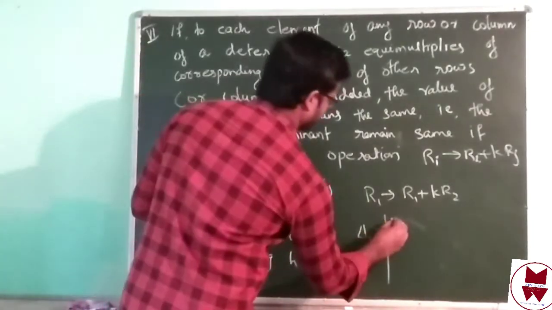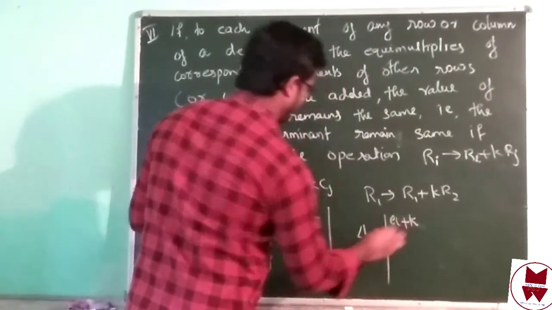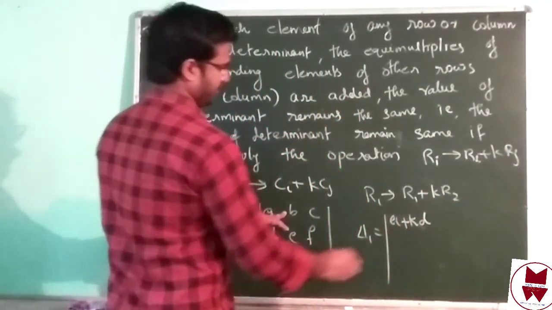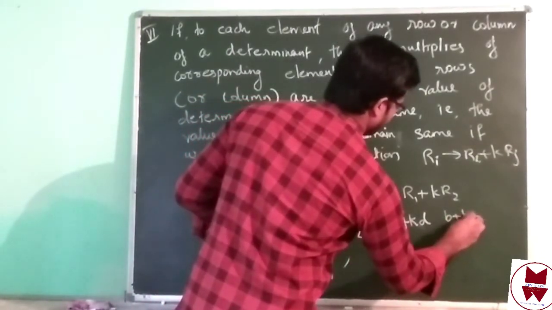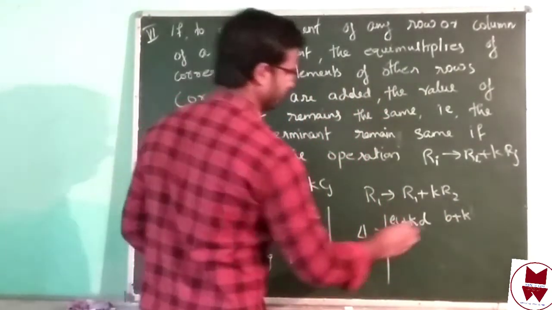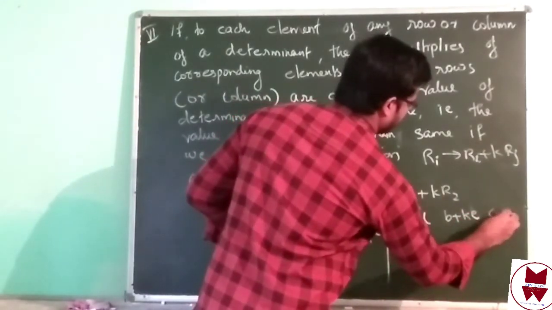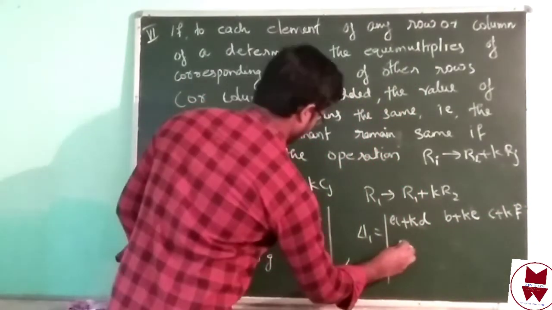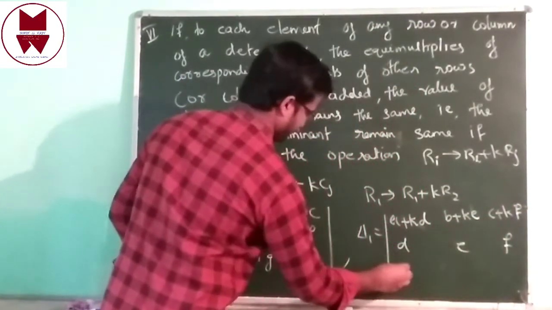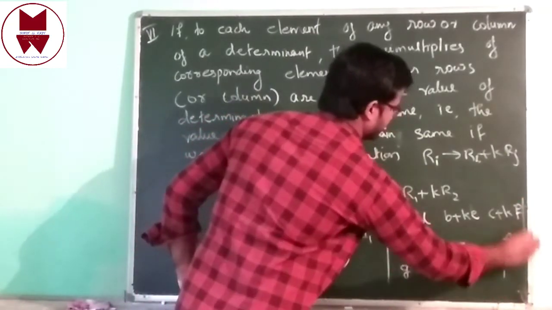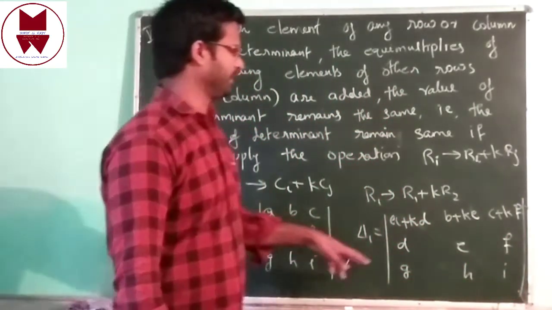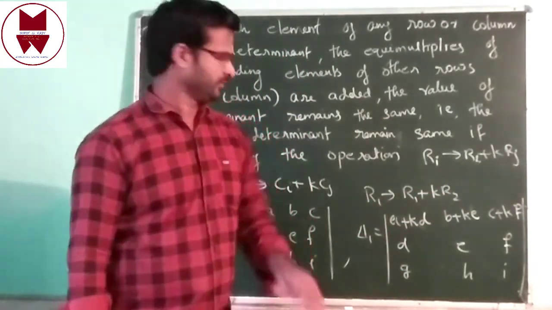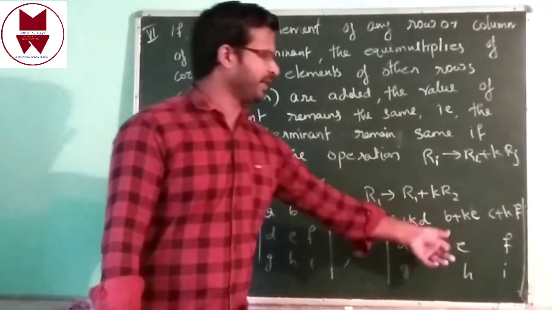In here, R1 is A plus k times R2, which is D. Then again in here, R1 is B plus k times E. The next is C plus k times the third element of R2. Then if we use this property, R1 plus kR2, the value of the determinant will not change. What you are getting in here as one answer, the same answer you will get in here also.